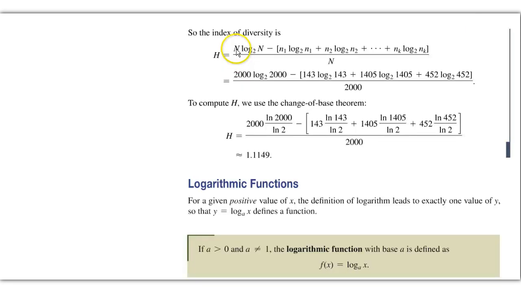So we put the 2,000 where the n's are, and then we find the log of these various things, and then we're going to put this in our calculator, and it just seems to get a little tedious here, but eventually you end up with this. I don't believe we'll be giving you anything like this in our work, but they're just showing you where this fits into natural communities.